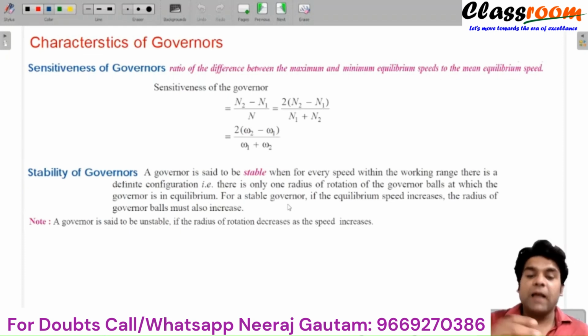That means as its equilibrium speed changes, the configuration of the governor or the radius of rotation will also change. A governor is not said to be stable when there is a decrease in the radius of rotation with an increase in the speed.